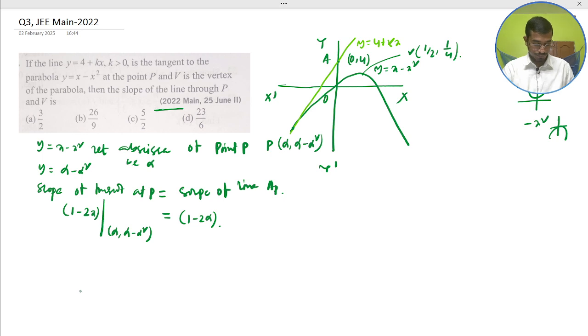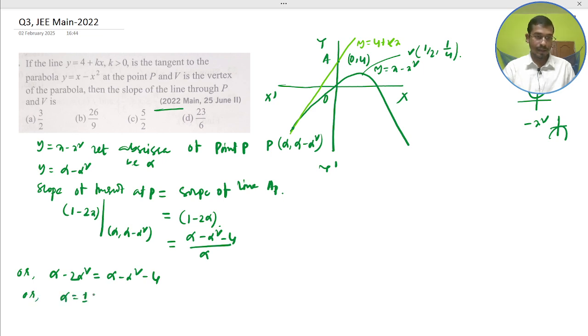So now put this value: alpha minus alpha square minus 4, divided by alpha. So calculate. So alpha minus 2 alpha square becomes alpha minus alpha square minus 4. So you get the alpha value plus minus 2.